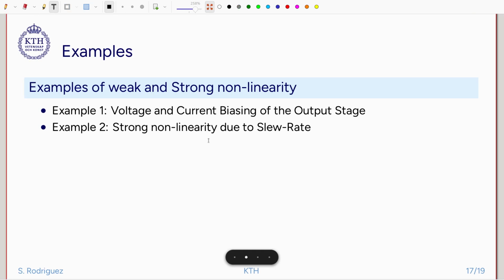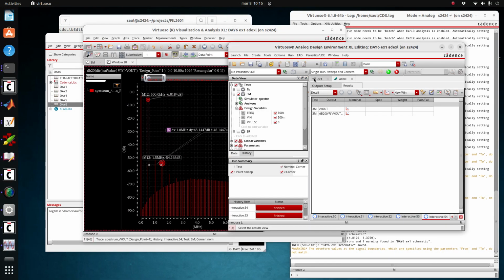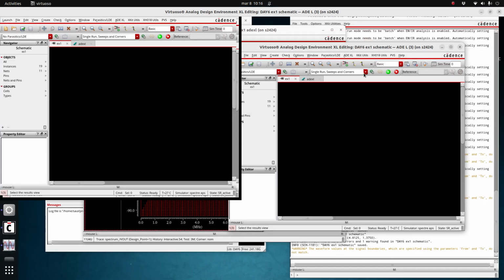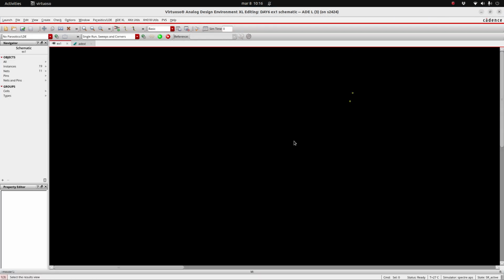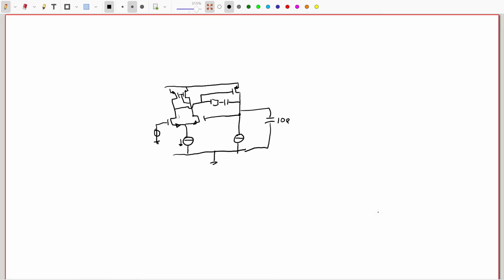And let's see the current levels. We have 5 microamp for the differential pair and 30 microamp for the output. So here we have 5 microamp and here 30 microamp.